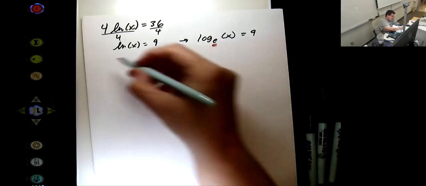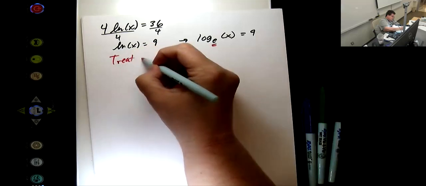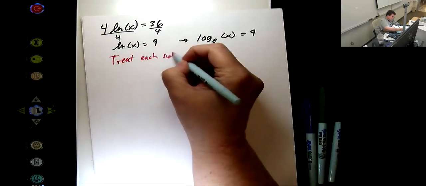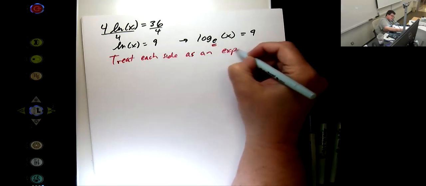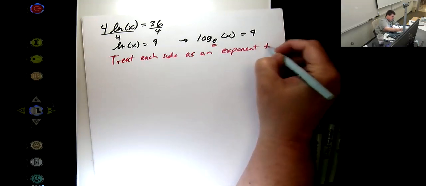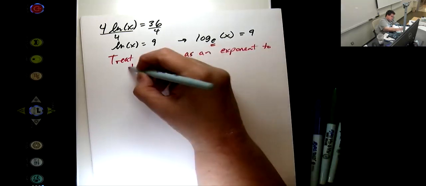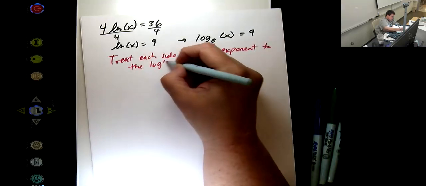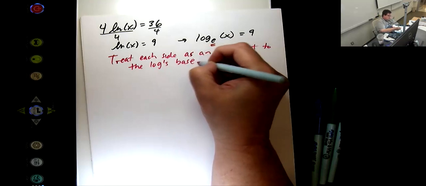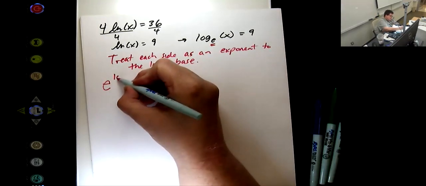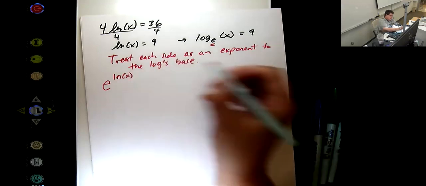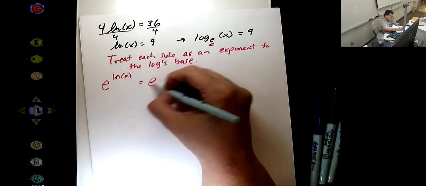treat each side as an exponent to the log's base. So here I'm going to have e, and then up here is natural log of x, and here is e to the 9.